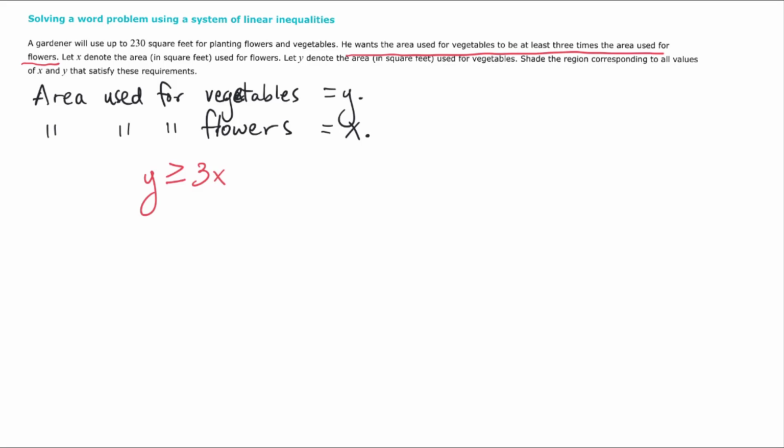Shade the region corresponding to all values of x and y that satisfy these requirements. The gardener will use, going back to the first sentence, so once again, you're reading this problem many times. A gardener will use up to 230 square feet for planting flowers and vegetables.